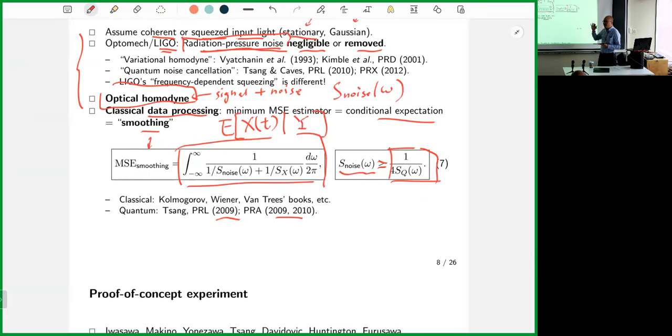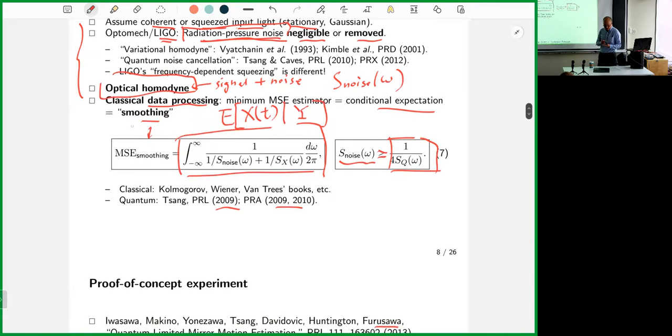So we know from Bayesian theory that this is the best thing to do to minimize the mean square error. It's called smoothing because when you take the output, you want to do this conditional expectation. It involves some time series smoothing or filtering of the time series. But ultimately, it's really just conditional expectation.